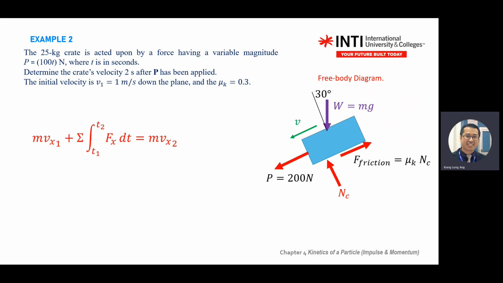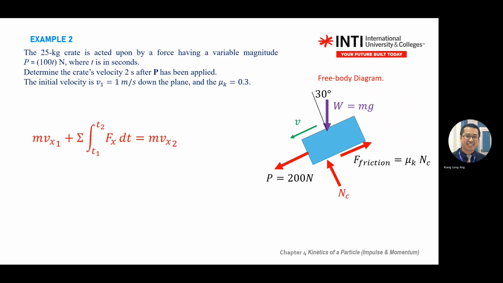What is VX1? What is FT that you have? How many forces do you have? 1, 2, 3, 4. You have 4 forces to put inside here, even though it gives you 0 impulse.